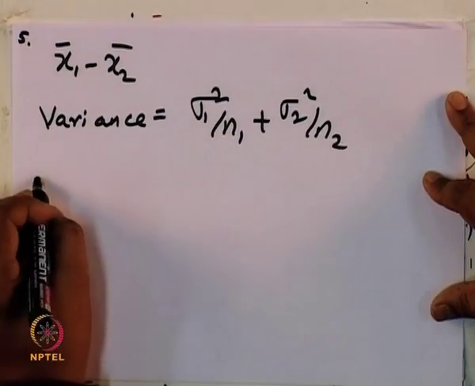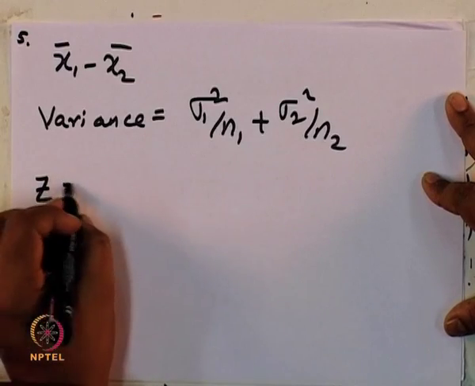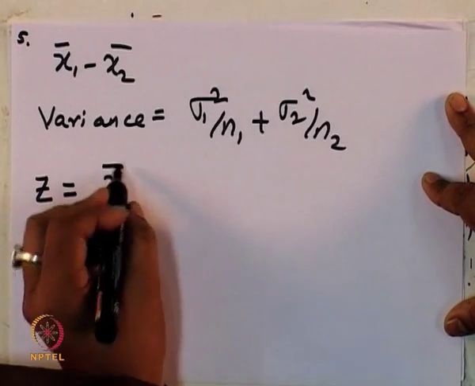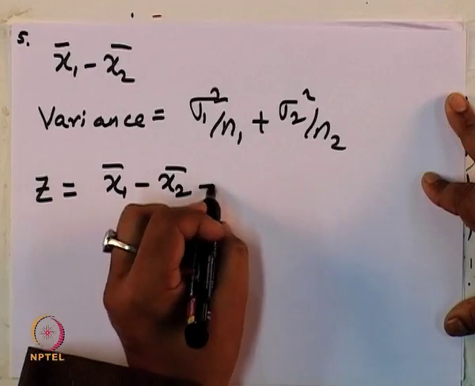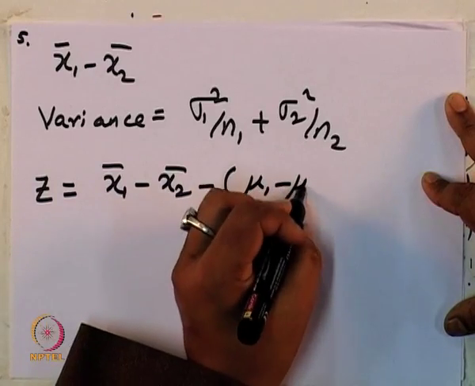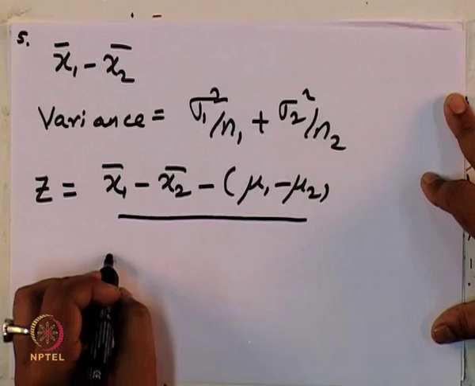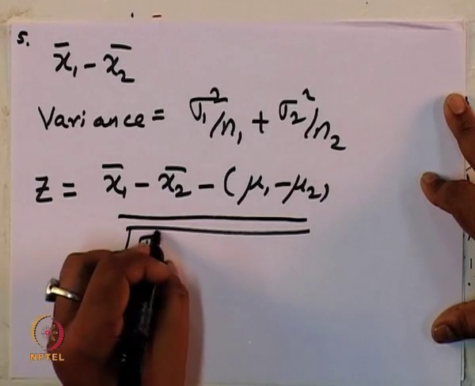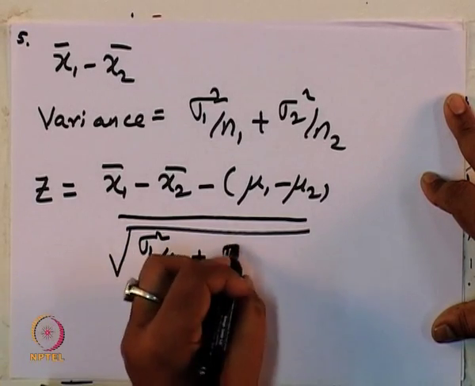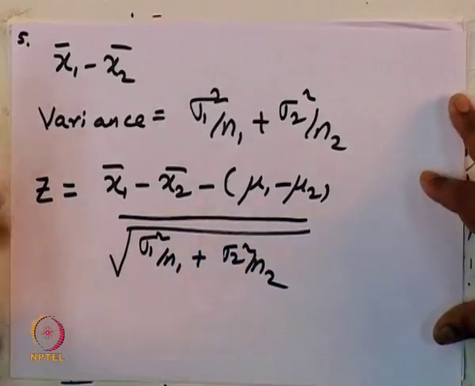So I can create the standard normal variable z defined by x 1 bar minus x 2 bar minus mu 1 minus mu 2, divided by the root of sigma 1 square by n 1 plus sigma 2 square by n 2.